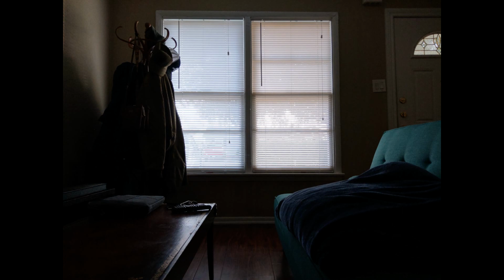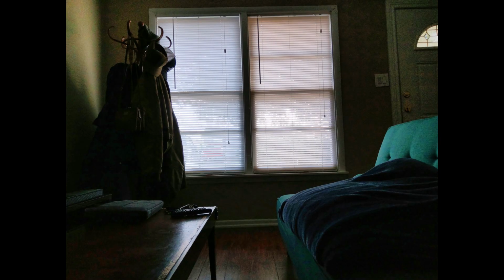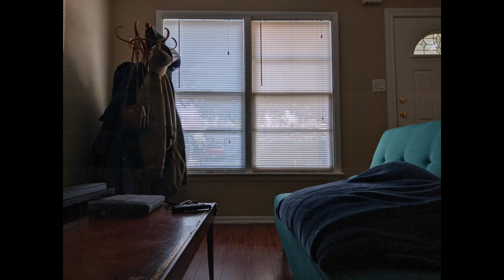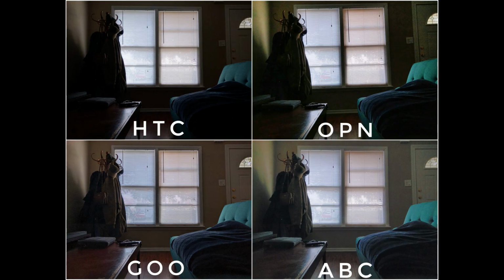The second group of photos is taken with HDR on, and it follows the same order of the HTC camera, the Open Camera, Google Camera, and ABC. And you can see them all here side by side. My favorite being the Google Camera on this set of shots. It has the best coloring, it has the best dynamic range. The ABC camera's HDR is alright, but it's very washed out color-wise.